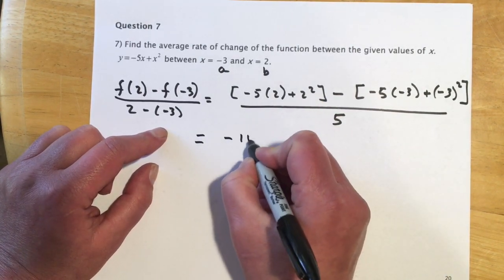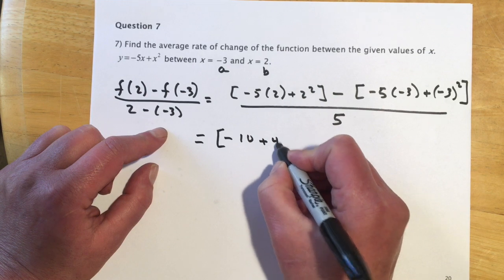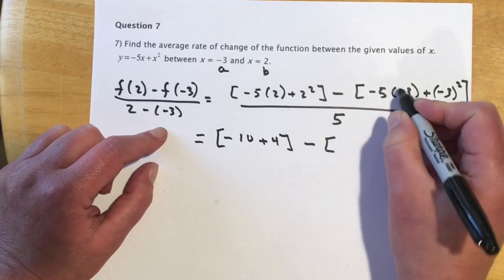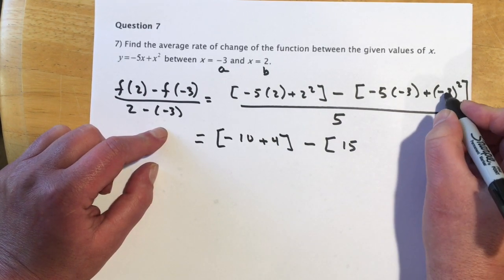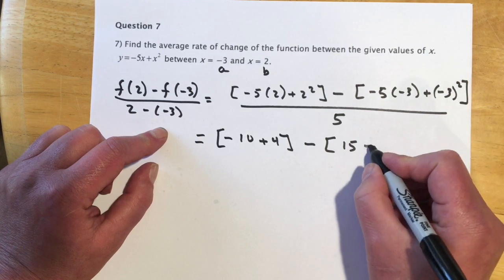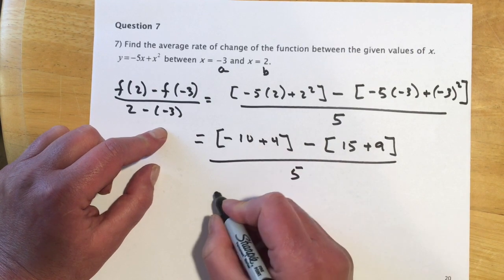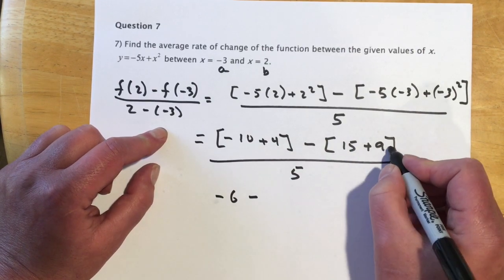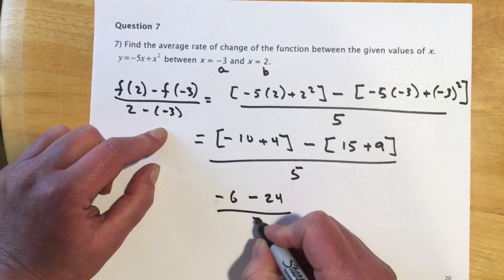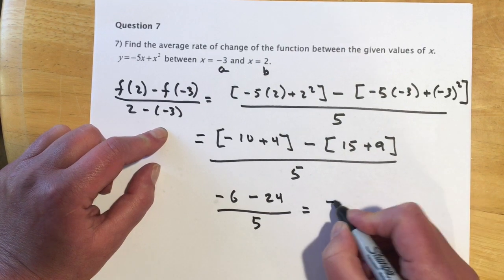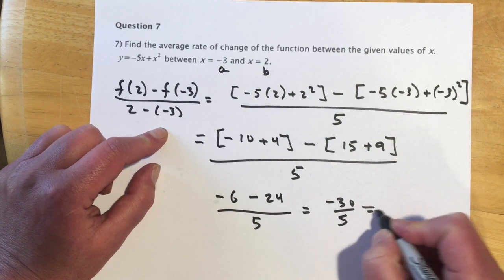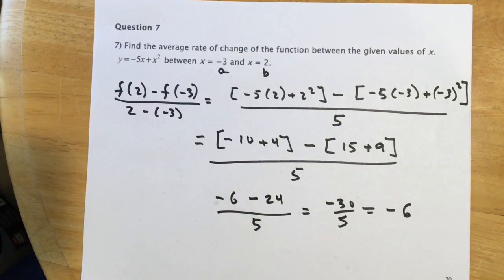So this is going to go negative 10 plus 4, and then 15, and then negative 3 squared will be a positive 9 over 5. So this is negative 6 minus 24 over 5, or negative 30 over 5. So average rate of change is negative 6.